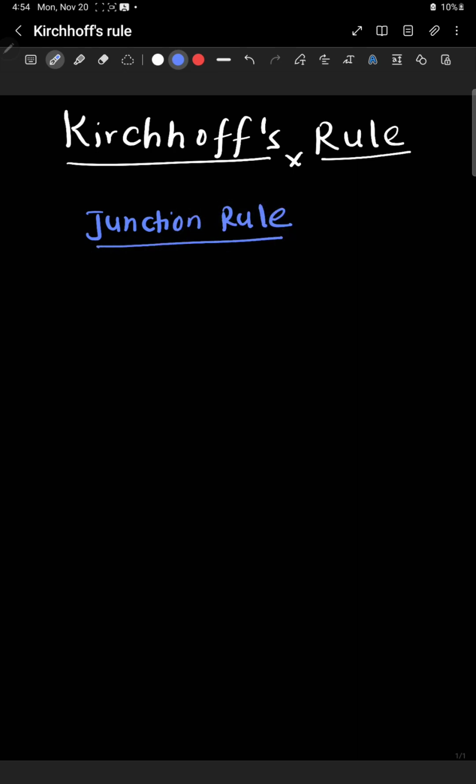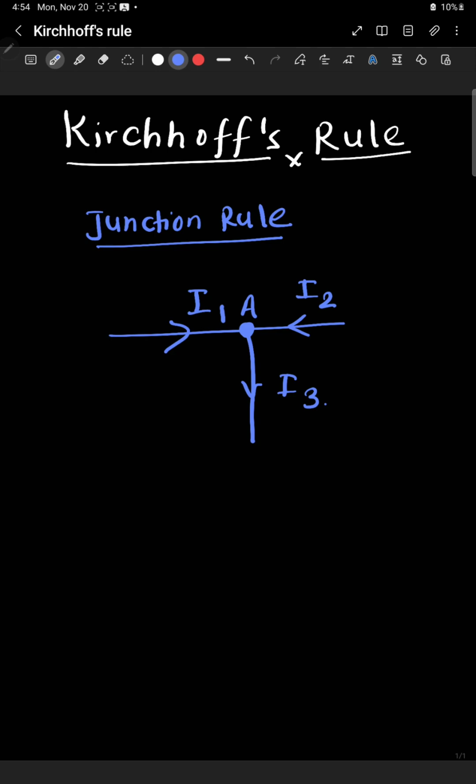The junction rule tells us, let's say we have currents coming towards a certain junction. This is a junction, let's say junction A, and current I2 is coming towards this junction, and I1 is also going towards it, and I3 is going out from this junction.